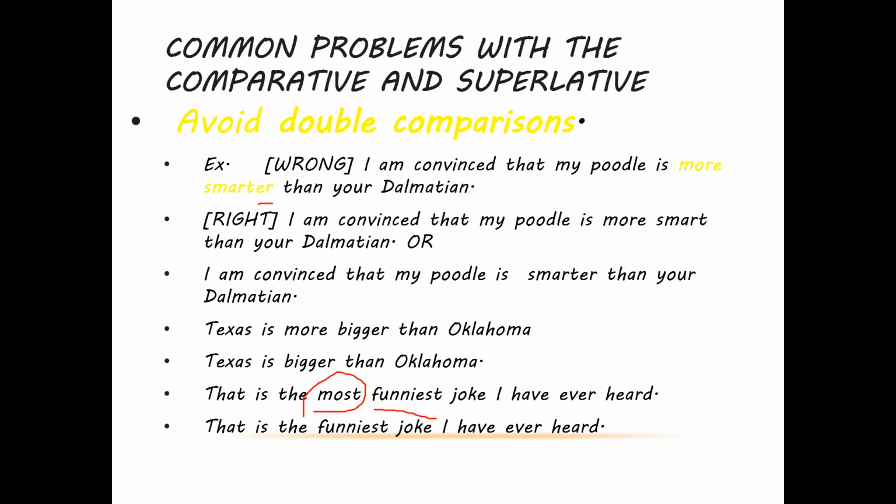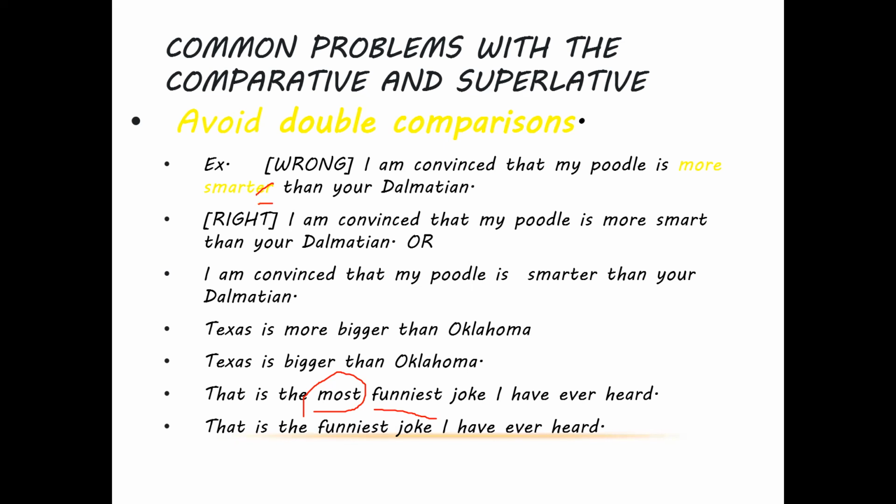Yeah, it's almost perfect, right? Okay, so as you can see, you can either remove the ER and just say more smart. Pwede naman yun. Pero huwag mong pagsamahin yung more at saka smarter. Kasi parehas siyang comparative form. Okay? So, don't double the comparison.